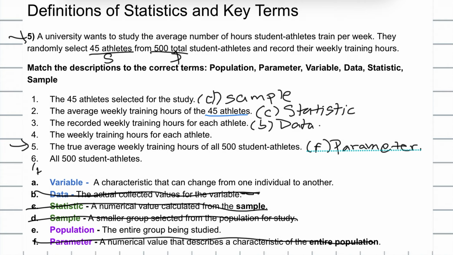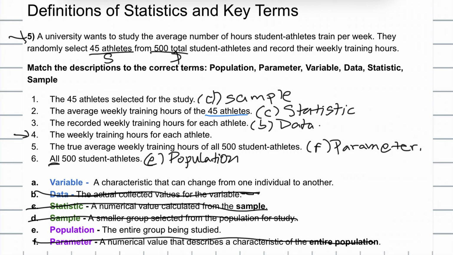Last but not least, we have two more. And I think the last one is going to be easier to identify because it's very specific. It says all 500 student athletes. That's the entire population, right? So we know that this is E, population. Now, the only one that we had some doubts about is number four, because it says the weekly training hours, so it's not a specific value.